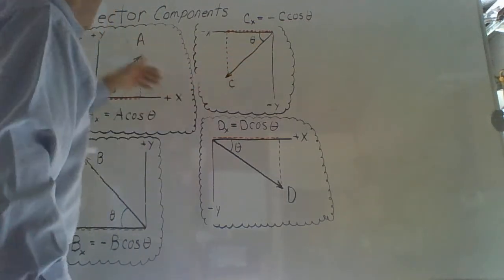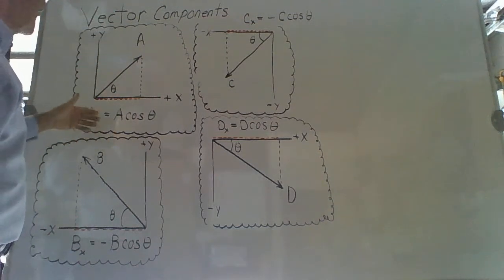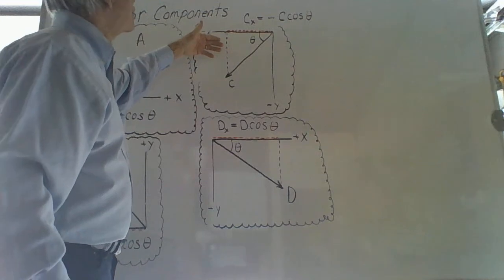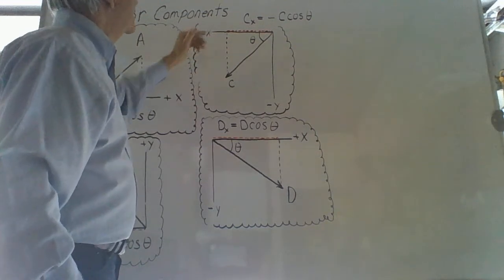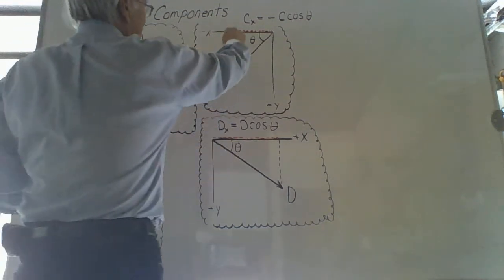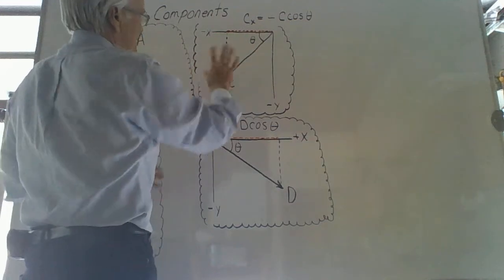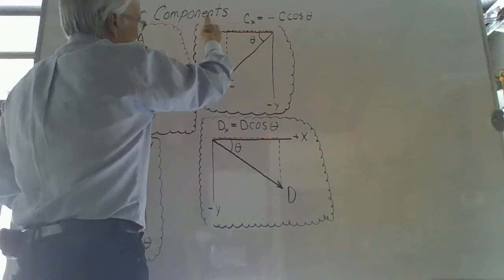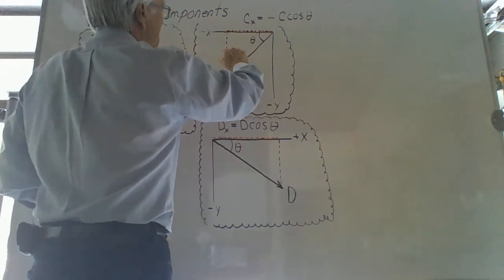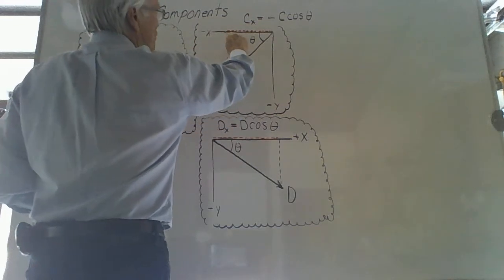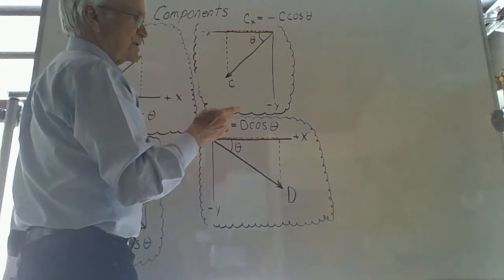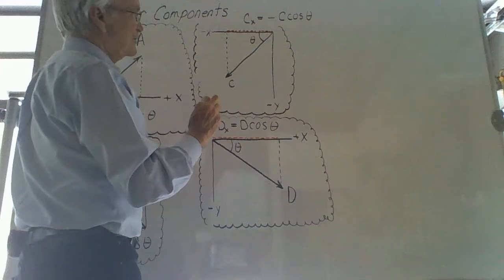As we did before, we drop a line down to create a right triangle. The leg height is shown there, but this video lecture is not about the leg heights. We're talking about the base widths, which are plus or minus the x component of the vector.